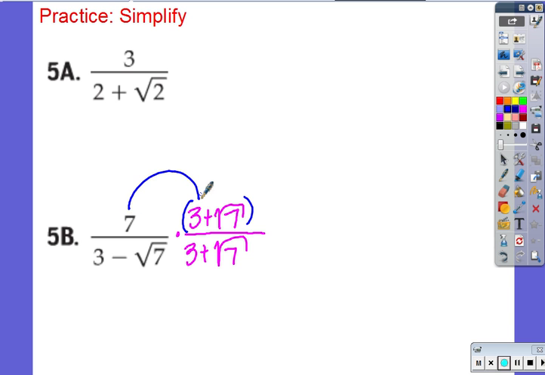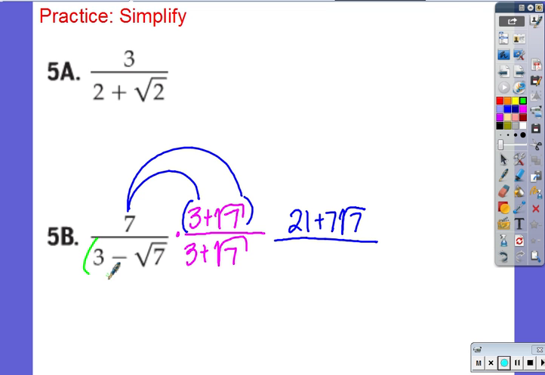So we have 7 times 3, 21. 7 times square root of 7 is plus 7 root 7 divided by, here we have to double distribute. You need to put parentheses, or if you want to do some side work, that's fine. So we have 3 times 3 is 9. Then we have 3 times square root of 7, so plus 3 root 7.